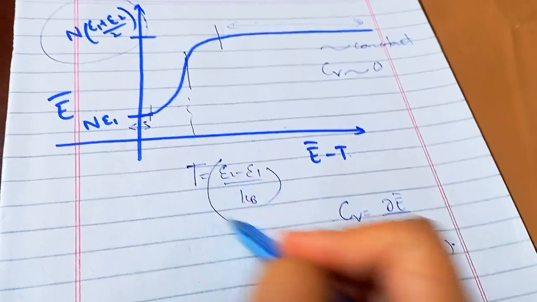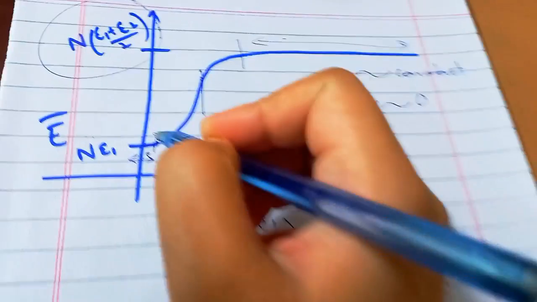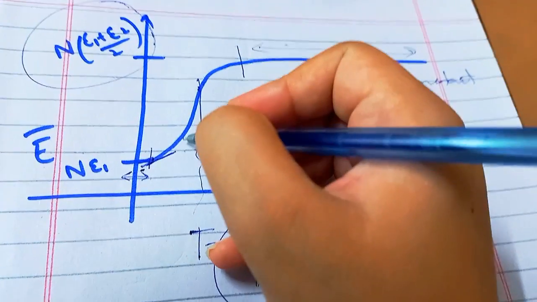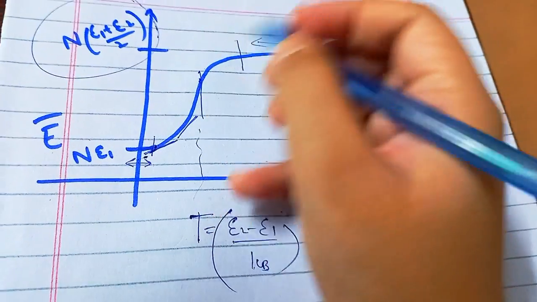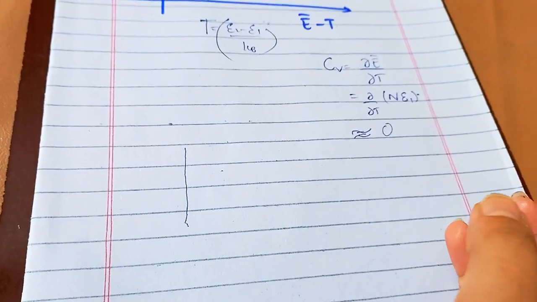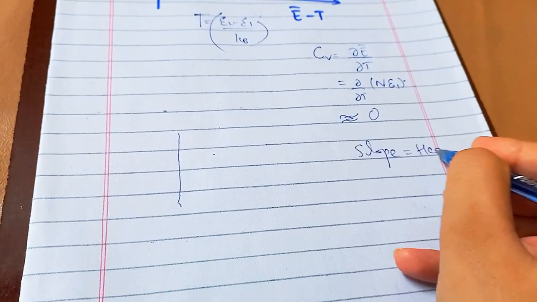So before that, the average energy is increasing and the slope is also increasing. If we draw the slopes here, we can see the more vertical the slope is, the higher its value, and here slope is actually the heat capacity, as we discussed earlier.